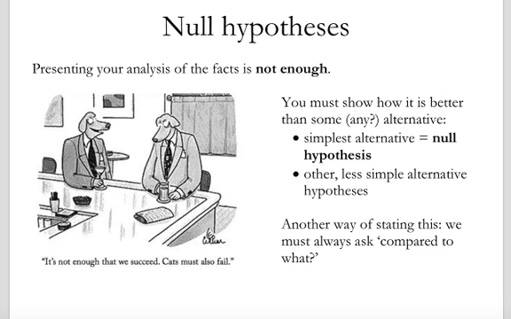Generally, the simplest alternative that you can imagine is what we refer to as the null hypothesis. As we'll see shortly, there can also be other less simple alternative hypotheses that you might want to test. The null hypothesis is extremely limited in some ways, and it's maybe not the best way to think about your research, but it certainly is an important concept in the world of research, and it's worth knowing something about the null hypothesis and what that means.